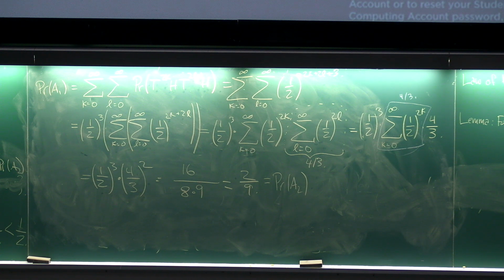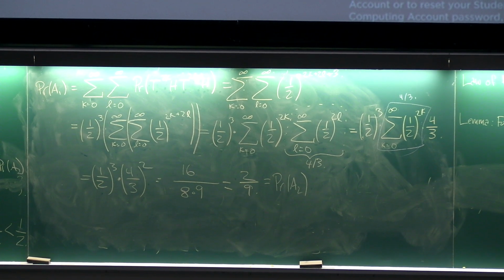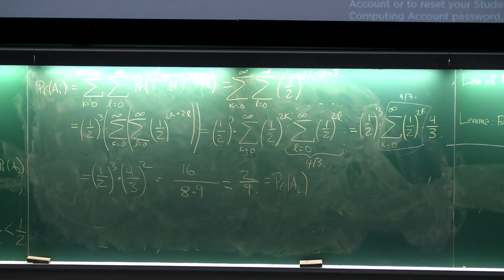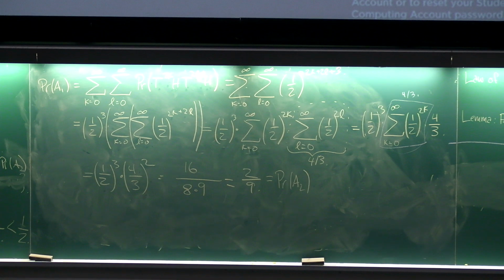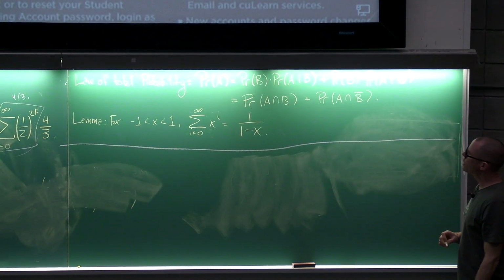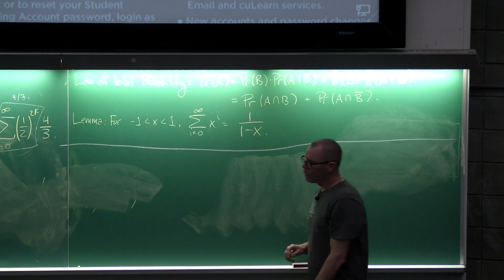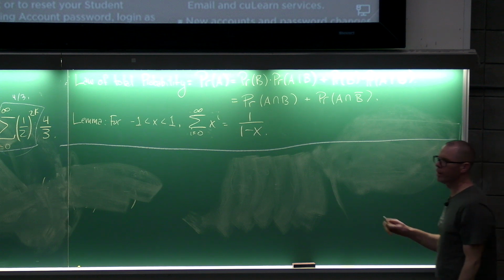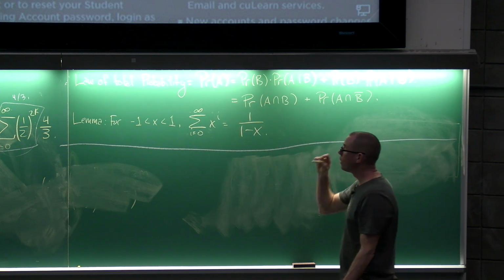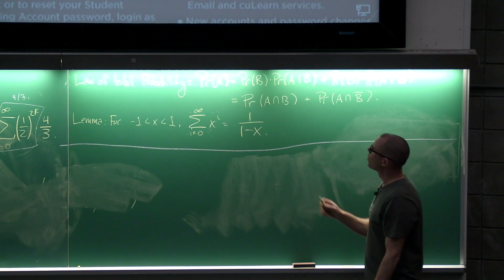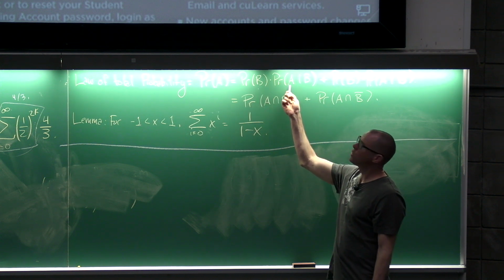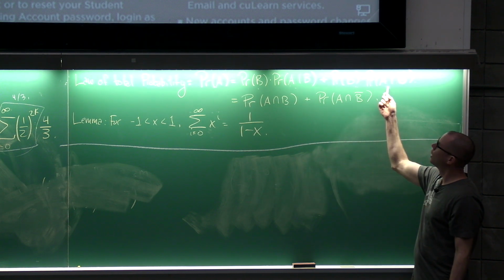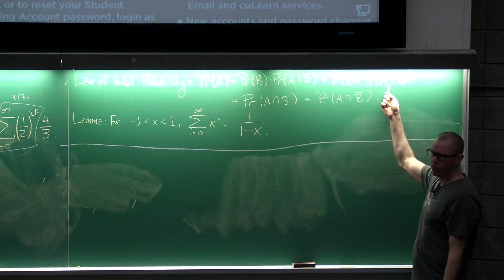Okay, so let's try and do the same thing a different way, using this very simple thing called the law of total probability, which says that if I have two events A and B, then there's a really long-winded way of writing the probability of A. That's just the probability that B happens times the probability that A happens given B, plus the probability that B doesn't happen times the probability that A happens given that B doesn't happen.